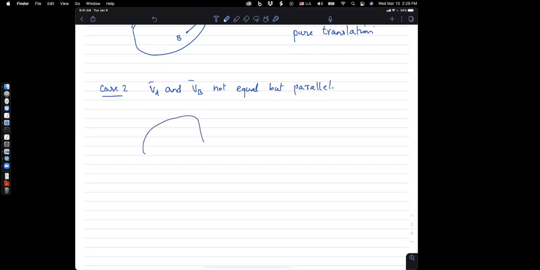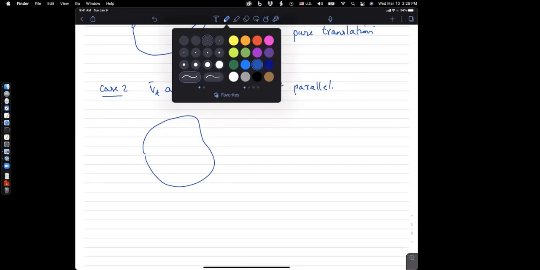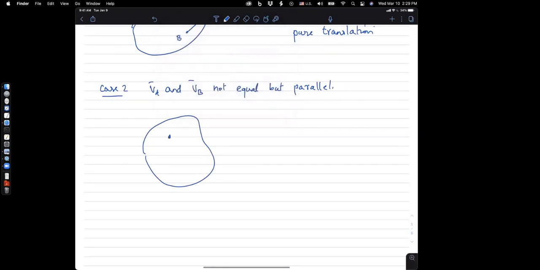So let me just draw that rigid body. And let's say we have VA, and then we have some other point, VB is like that. It's parallel, but they're not equal.